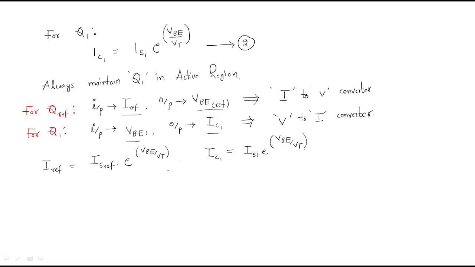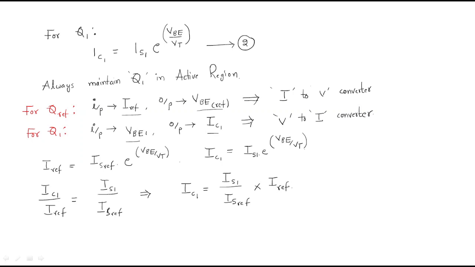In order to get some relation, by doing a ratio between those, that is IS1 by IS reference, we get IC1 equal to IS1 by IS reference into I reference.